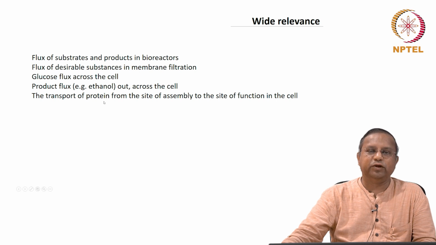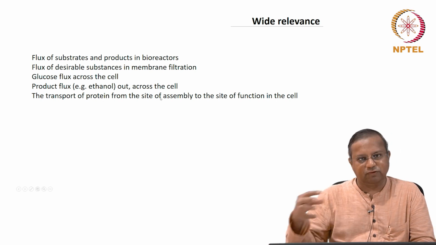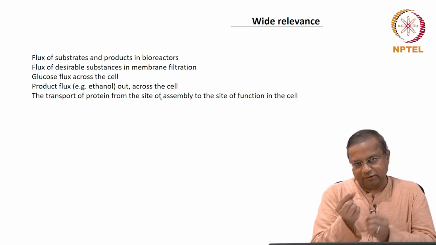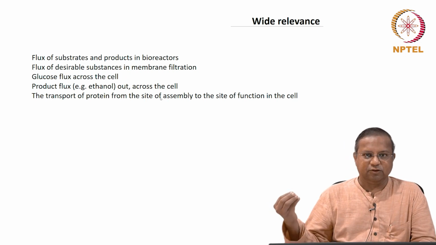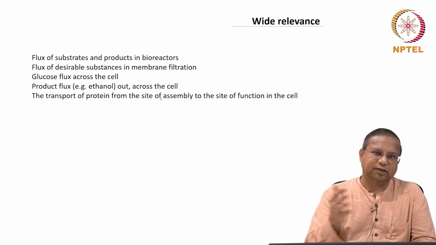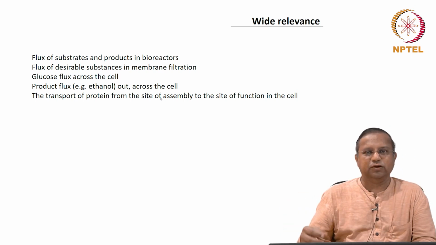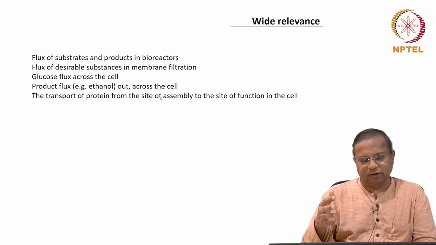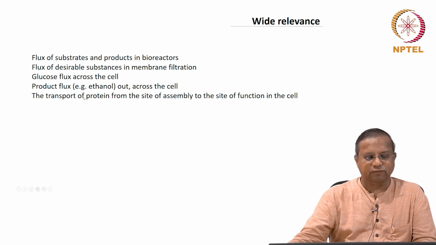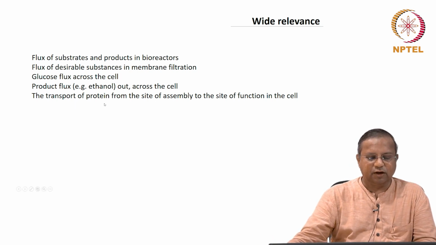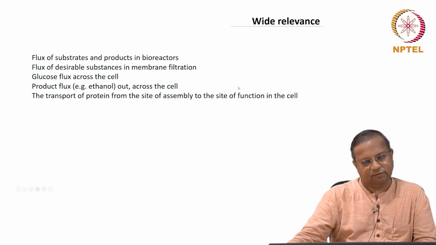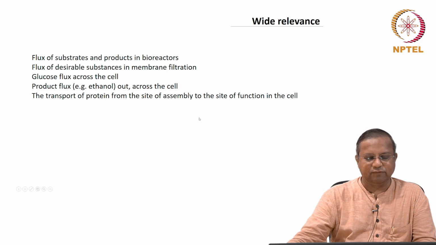The transport of protein from the site of assembly to the site of function within the cell itself, a microscopic cell. Transcription, translation, and then there are steps after translation. Then there is transport of protein to the area of interest, or the area of its function, to the point of its function in the cell. So, the transport of protein from the site of assembly to the site of function in the cell is of course, very relevant.